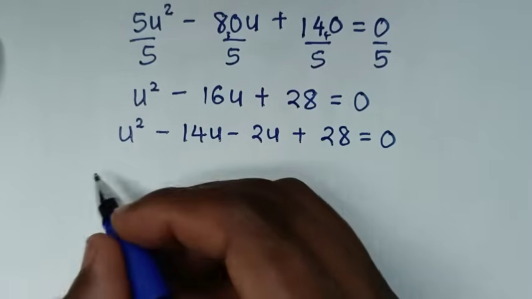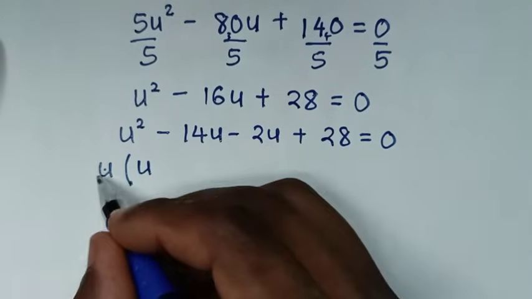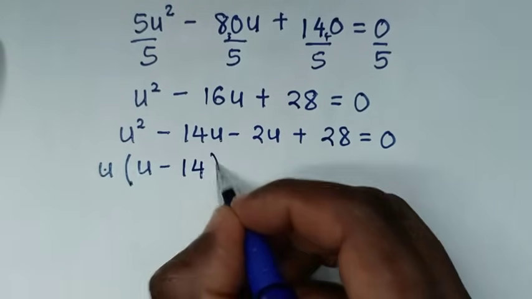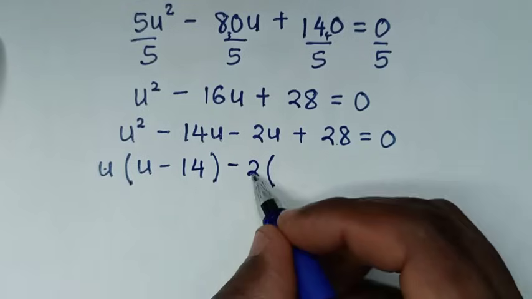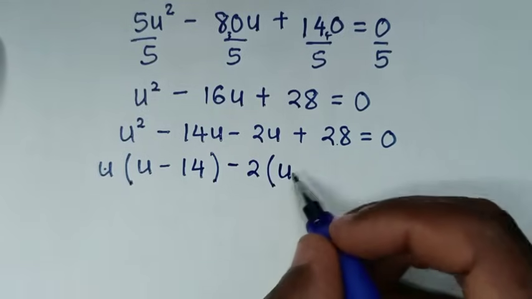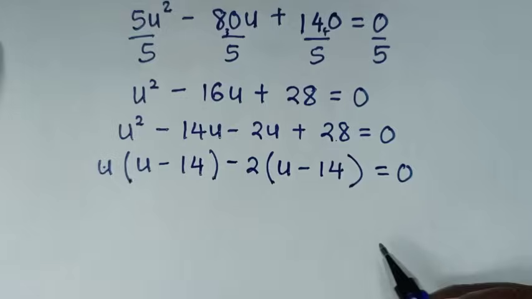Then from here, u is common, we take it out of bracket, this divided by this is u, this divided by this is negative 12, bracket. In here, negative 4, we take out of bracket, this divided by this is u, this divided by this is negative 12, bracket is equal to 0.